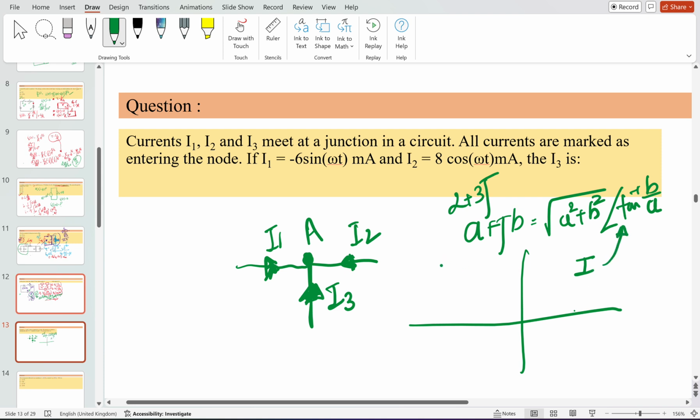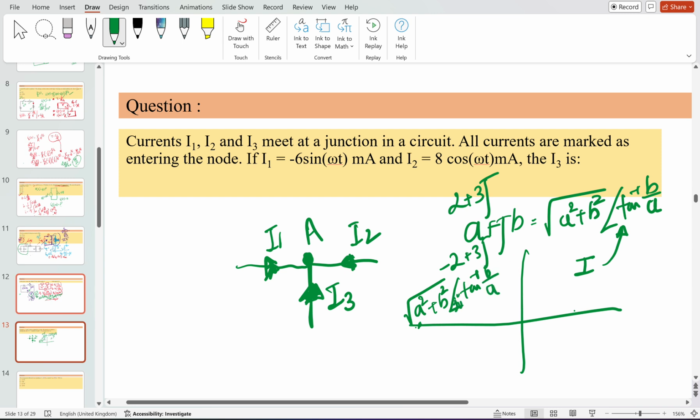But if it is like this, minus 2 plus 3j, then there is a different thing here. You have to use root of a square plus b square. Magnitude will be the same, but angle will be equal to 90 degree plus tan inverse, or simply you can say 180 degree minus tan inverse b by a.